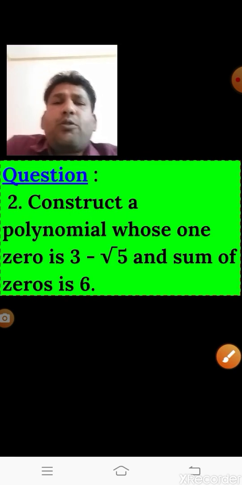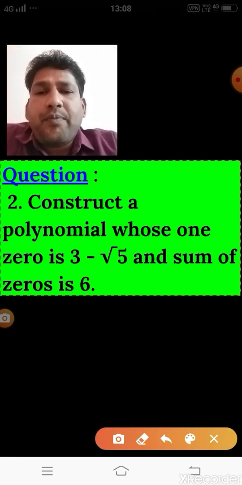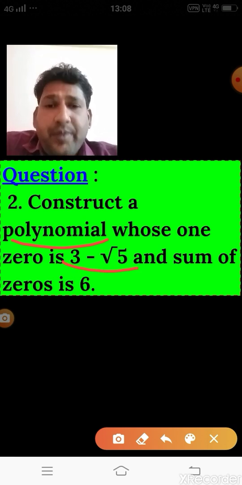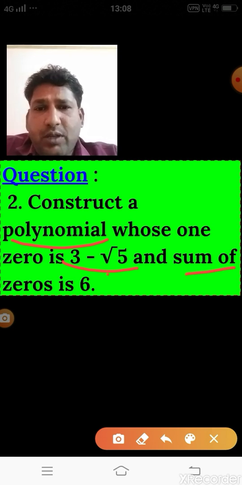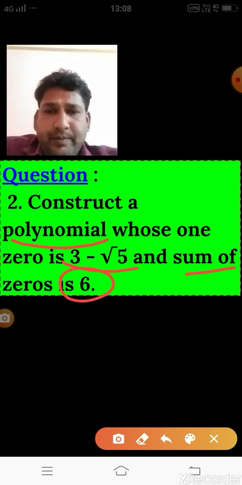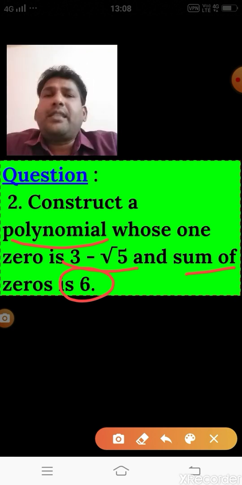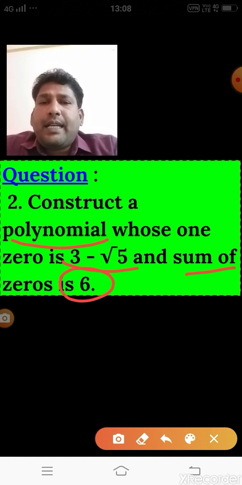And here we have the second question. We have to construct a polynomial, means we have to form a polynomial whose 1 zero is given. 1 zero is 3 minus root 5. And in this question, the sum of zeros is given 6. We have two zeros for a quadratic polynomial. We are taking the zeros as alpha and beta. Suppose I am taking alpha is given, or you may take beta is given, 3 minus root 5.